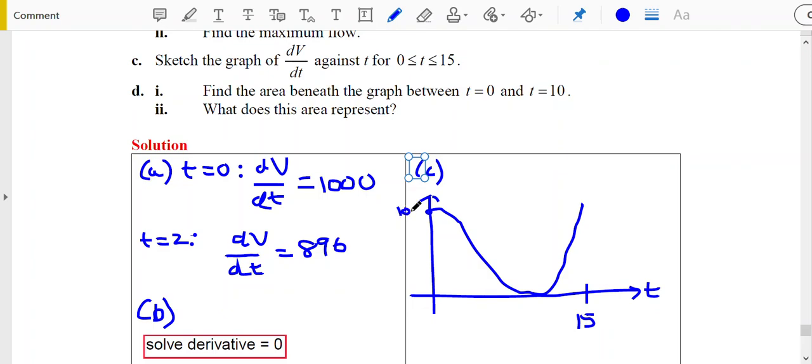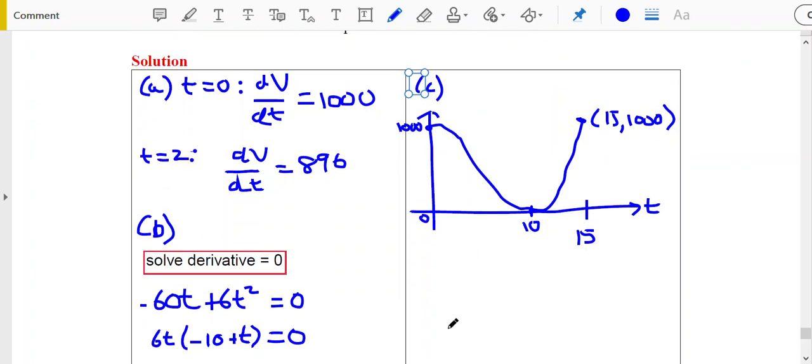This is 1,000 up here, and the endpoint right there at 15 is also 1,000. And this turning point here happens at 10 down there. So this is the sketch you need to produce yourself.